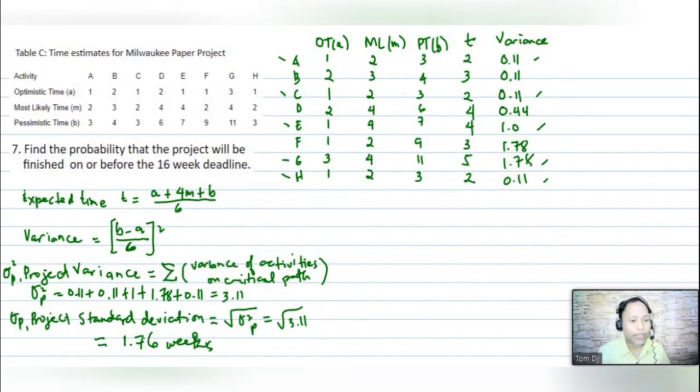Once we find our project standard deviation, we have what we call the z-score, or the standard normal equation.